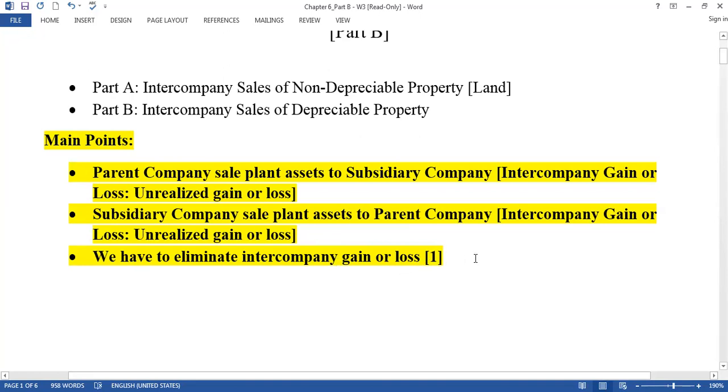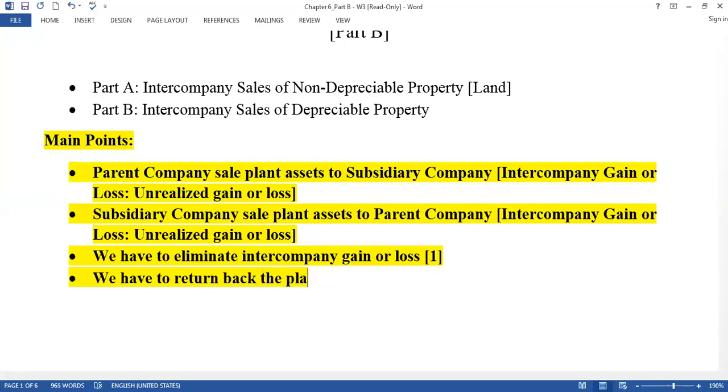After eliminating intercompany gain or loss, we have to return the plant asset back to its original shape. Original shape means original cost.